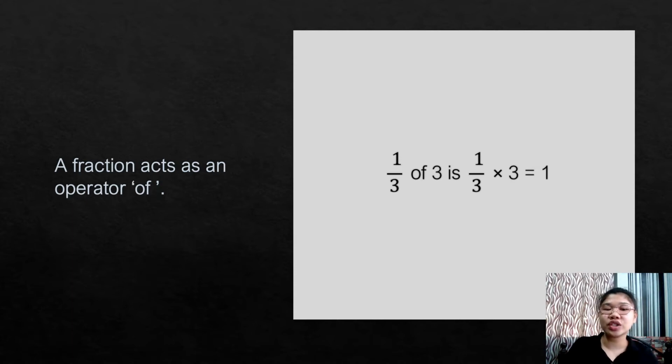So a fraction acts as an operator of. Or when you divide 3 into 3 equal parts, what is the answer? So 1/3 times 3 is equal to 1. That is one of the primary purposes of a fraction, to act as an operator of.